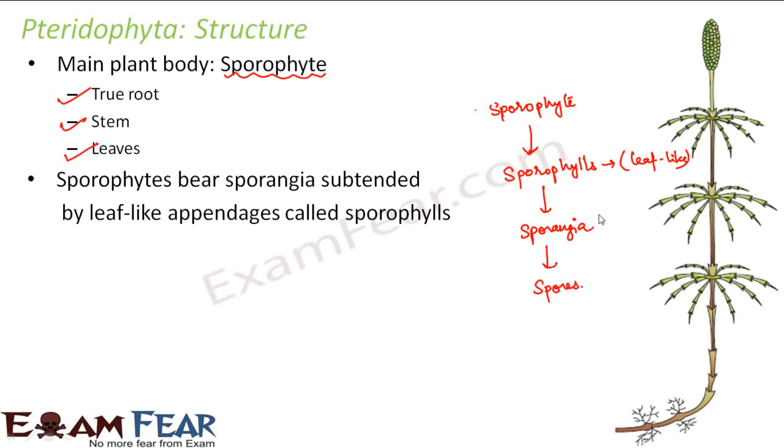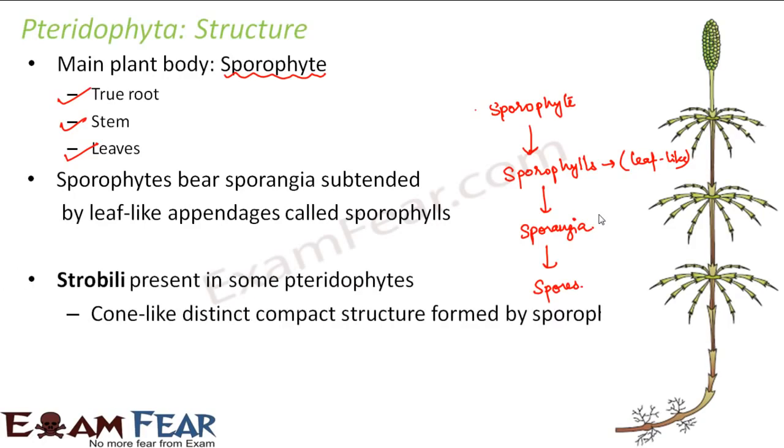So now you understand where the spores are present. When I say that sporophyte is the main plant body, that means the pteridophytes or the ferns which we see are all sporophytes. Somewhere inside their body, inside the sporangia, they have spores. The structure is clear: we have the spores, and the leaves are known as sporophylls.